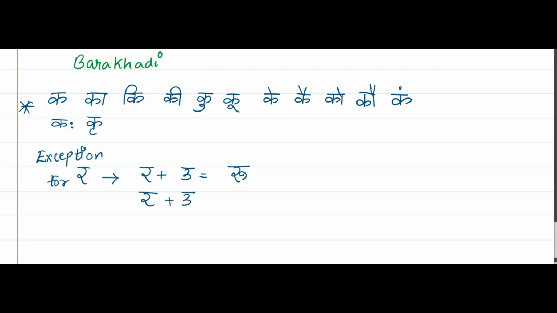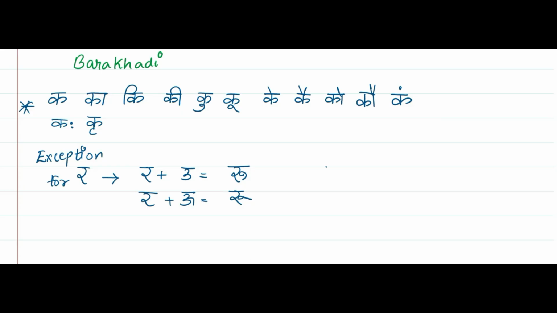And U, instead of going to the bottom, it goes on the middle. So R is a very pampered consonant in Hindi. You can see a lot of exceptions of R as well. So R is like the favorite consonant of Hindi language. So you'll see a lot of rolling, a lot of R's in Hindi. So that's why Ru has an exception as well.